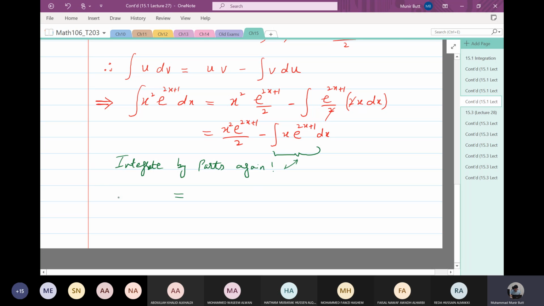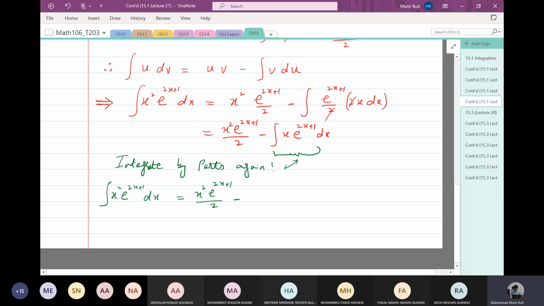So now we apply directly: the integral of x squared e to the power 2x plus 1 dx is equal to x squared e to the power 2x plus 1 over 2 minus.